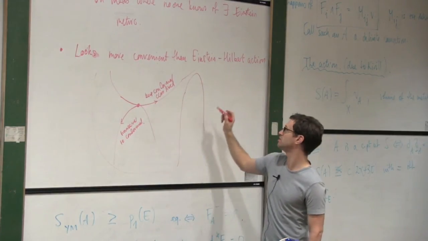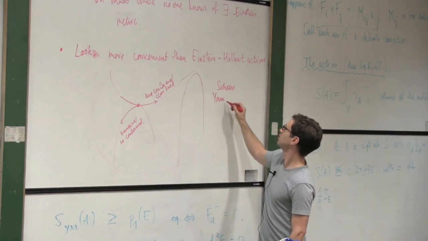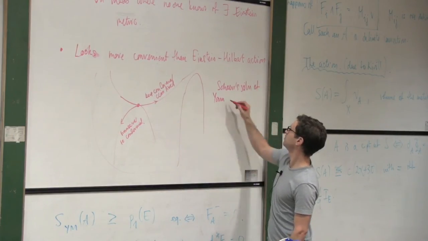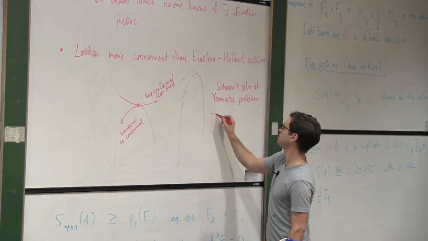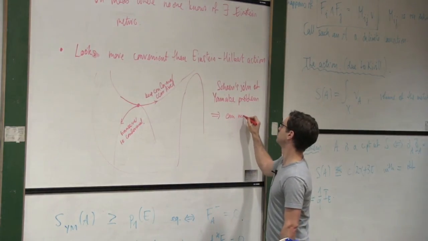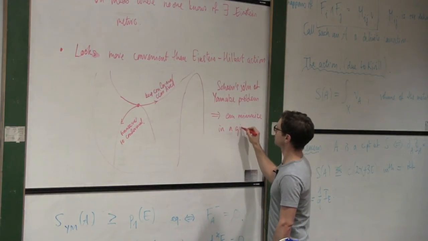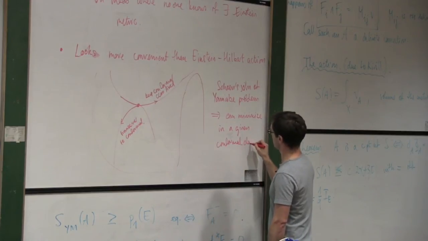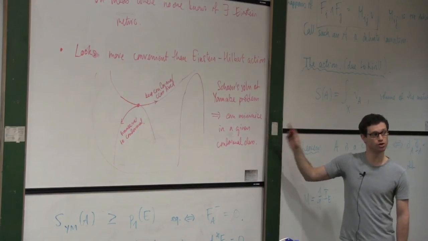And this is the solution of the Yamabe problem. So the Yamabe problem, so Rick Schoen proved this. Schoen's solution of the Yamabe problem. So we can minimize in a given conformal class. But now you have a problem, which is that the solution to this minimizing problem is not unique.